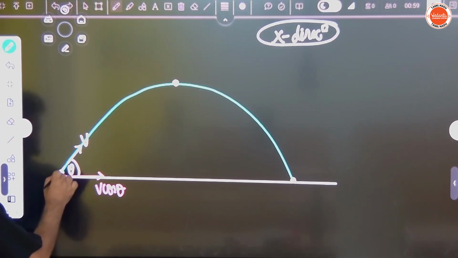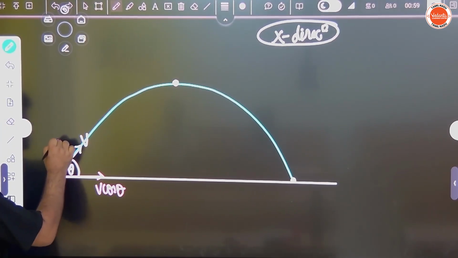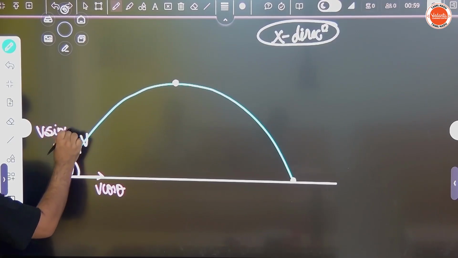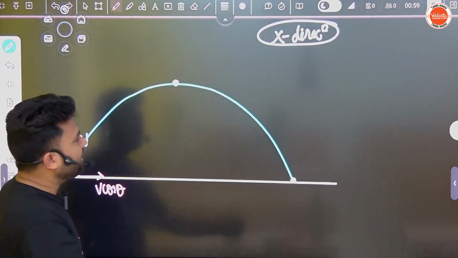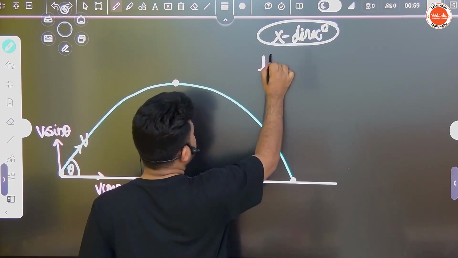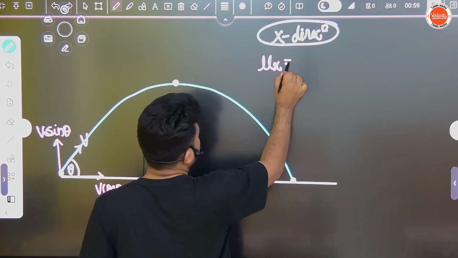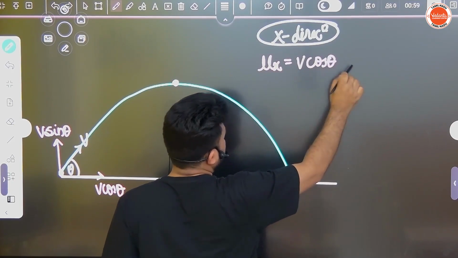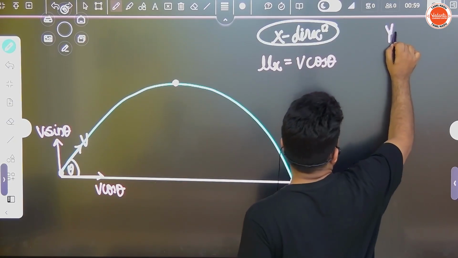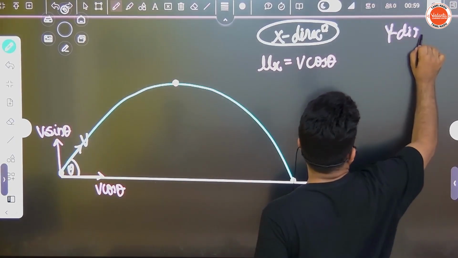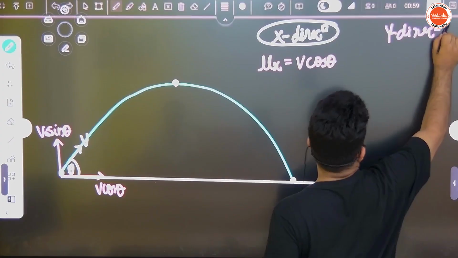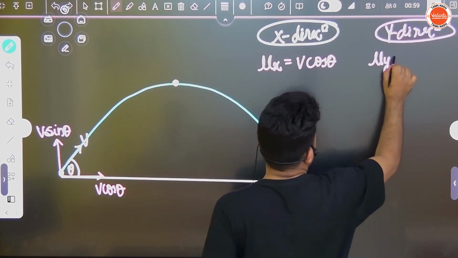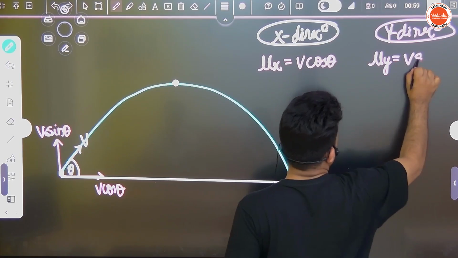And what is its speed in the y direction? V sin theta. So if someone asks what was the initial speed in the x direction, you will say V cos theta. Similarly, the initial speed in the y direction, which we will study separately, is V sin theta.